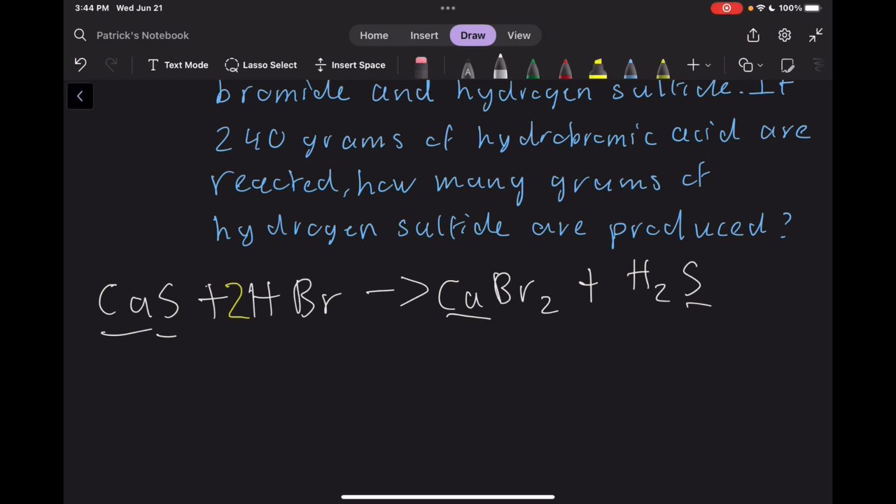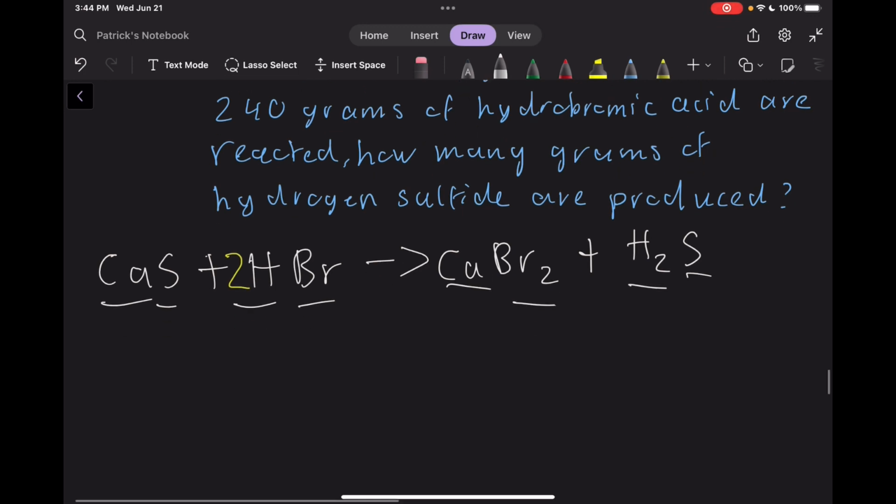For hydrogen and bromine, adding the 2 in front of HBr gives us 2 hydrogens and 2 bromines on both the left-hand and right-hand sides. So in this instance, trial and error was actually a faster method than going through the algebra. We don't really care about what states of matter these substances are in, so we're done for this part of the problem. We now move to the stoichiometry itself.